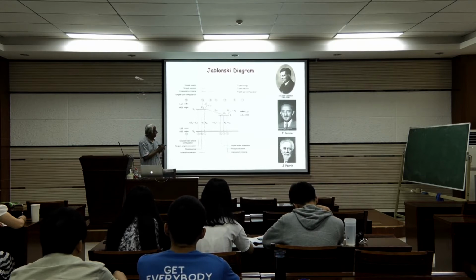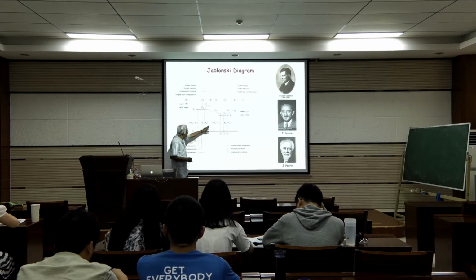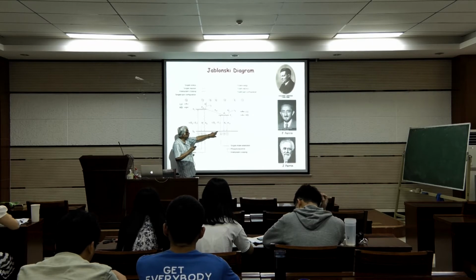Okay? And then once it goes to the triplet, we said you can go from ground state directly to the triplet, but then this number here, the extinction coefficient, is going to be tiny, small, because this one is a spin forbidden transition going from here to here. This is a singlet, that is a triplet.